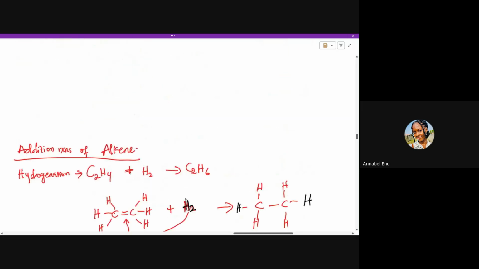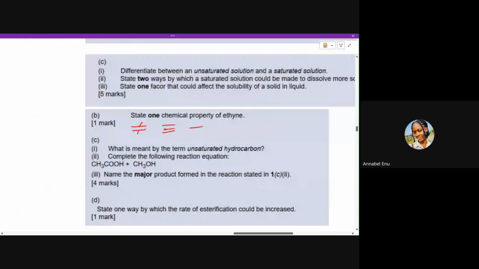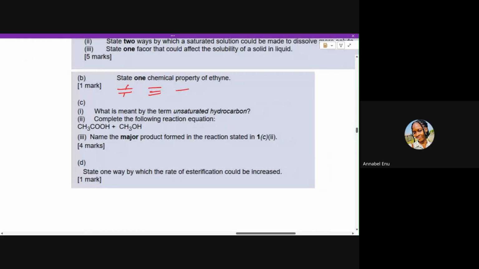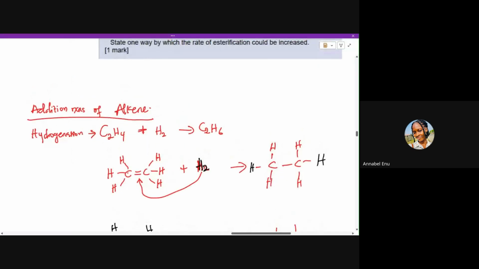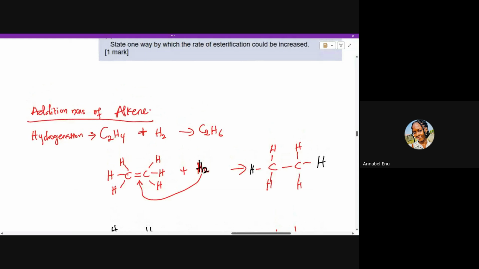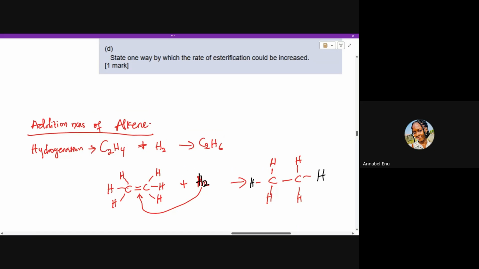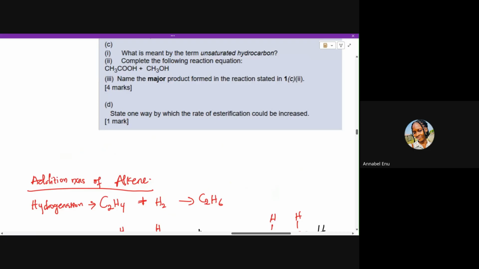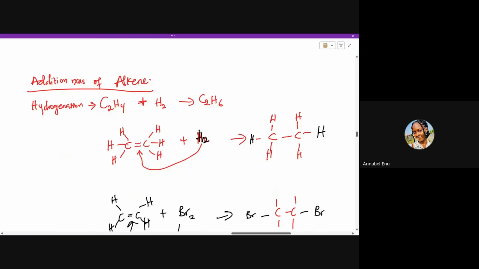Now, if we come back to our question, like I said, all these examples are usually for alkenes, but alkynes carry out these processes as well. So to answer this first B question, we can write any of these equations.